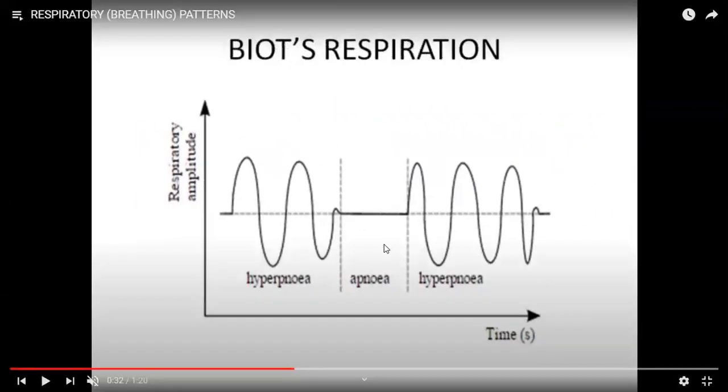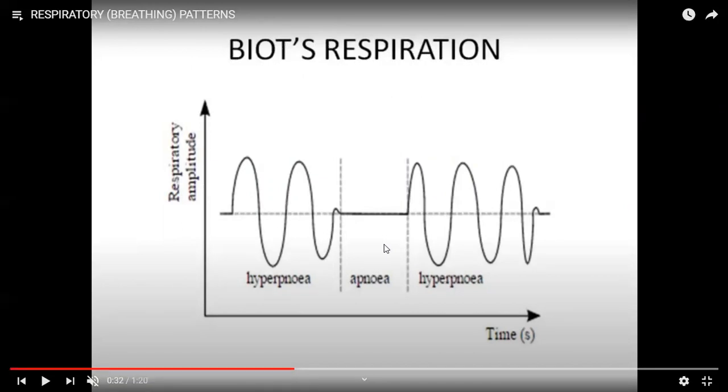So this is the graph showing the biorespiration. Again, respiratory amplitude is on the y-axis and the time on the x-axis. You see a period of hyperpnea followed by apnea and another hyperpnea and then apnea and so on.